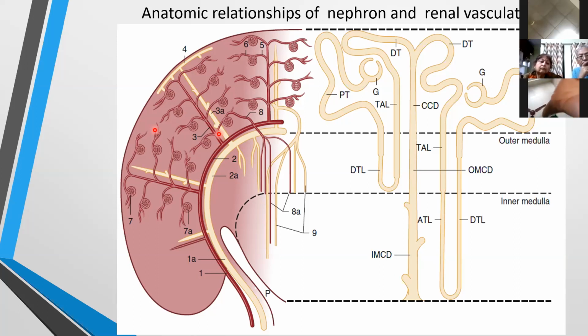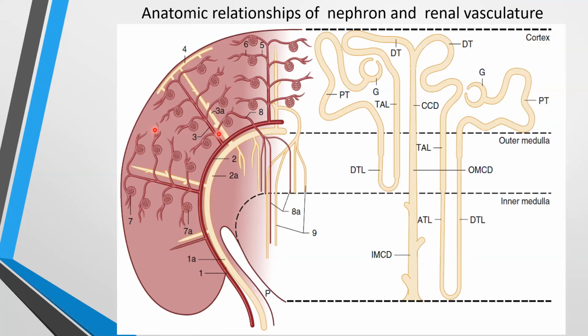From each of the interlobular arteries, you get the afferent arteriole, which forms the glomerular tuft, which is present inside the glomerulus. The afferent arteriole goes and forms the glomerular tuft, and from there you get the efferent arteriole.